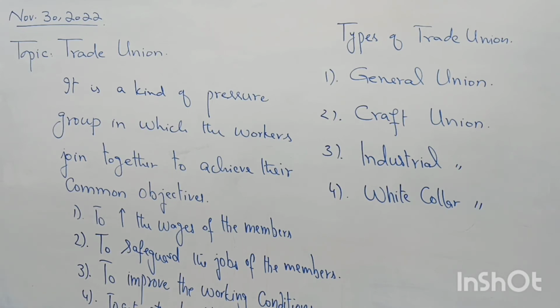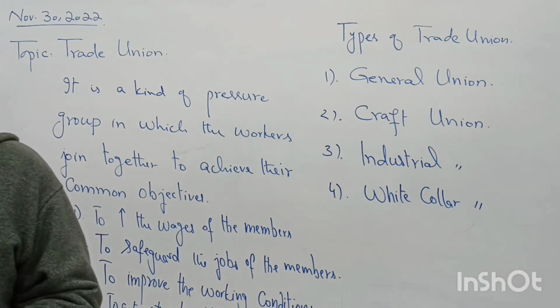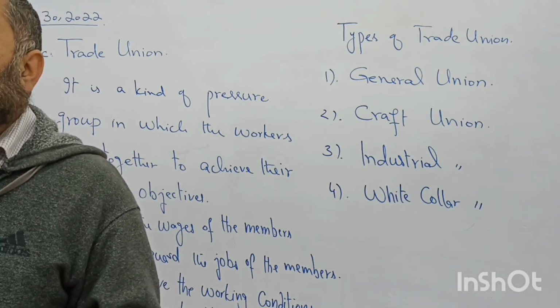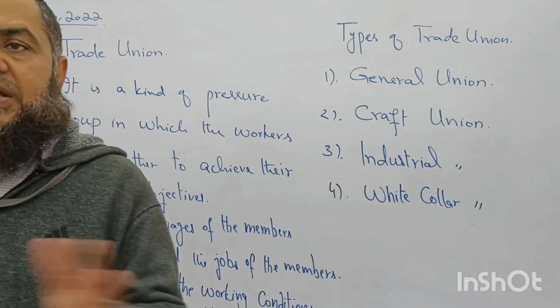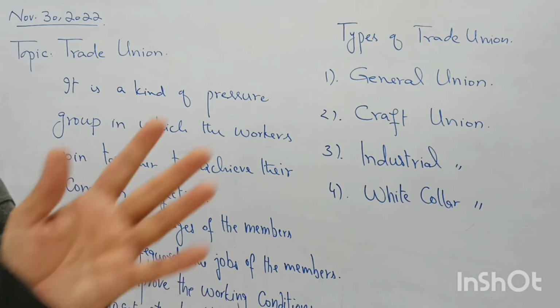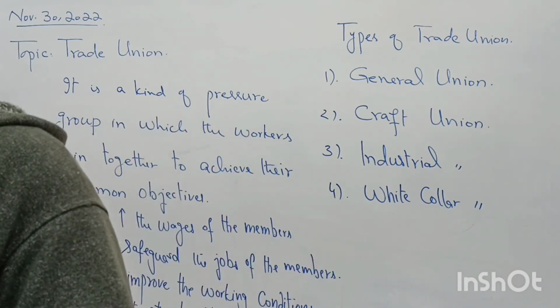Now the employer is saying a 5% increase in wages, whereas the trade union is demanding 20%. So if they collectively bargain and increase the wages by 14 to 15%, then the issue is resolved without going into strike. Okay?